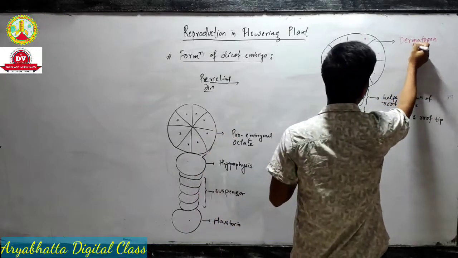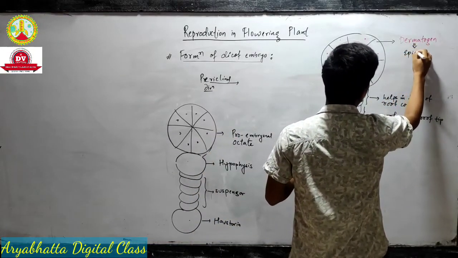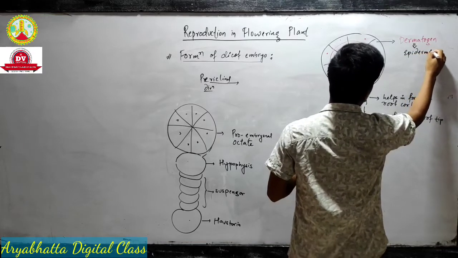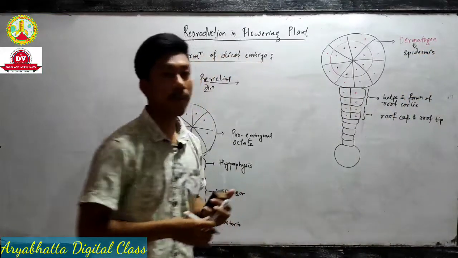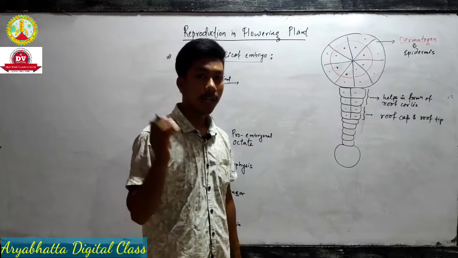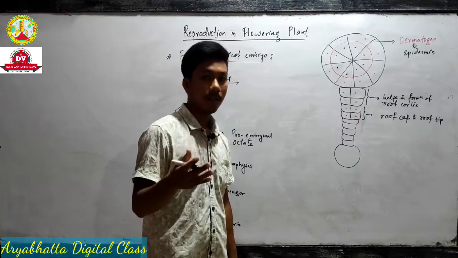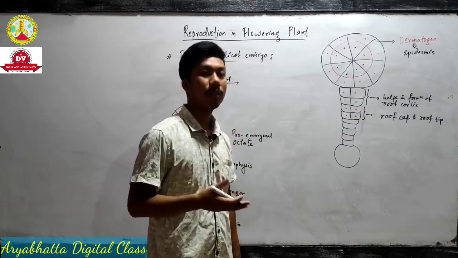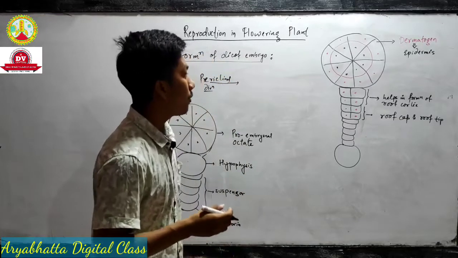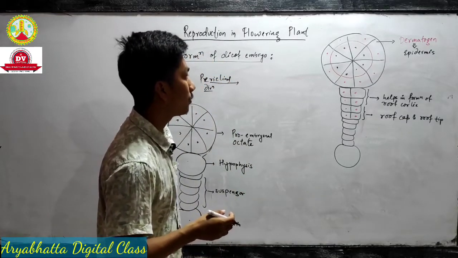Dermatogen gives rise to epidermis, which is the outer layer of any cell. So dermatogen gives rise to epidermis.